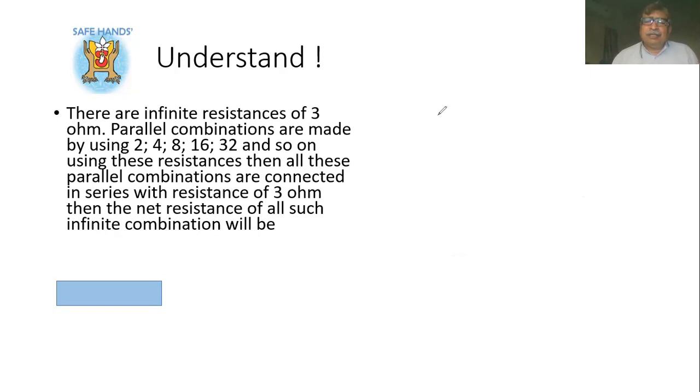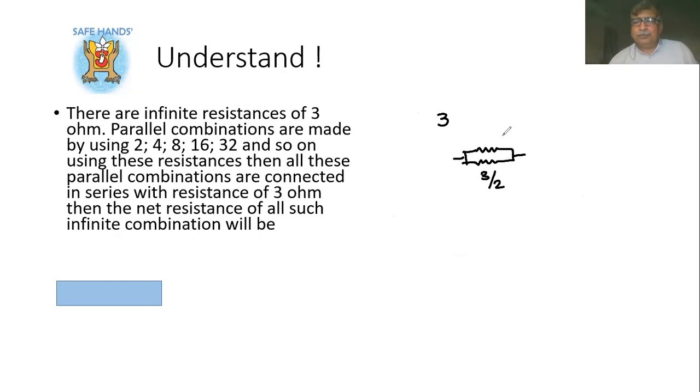The problem says that I have infinite resistances of 3 ohm. Then I create parallel combinations. If I have a parallel combination of two 3 ohm resistances, then obviously its value is 3 by 2: 1 by 3 plus 1 by 3 is 2 by 3, and take its reciprocal.